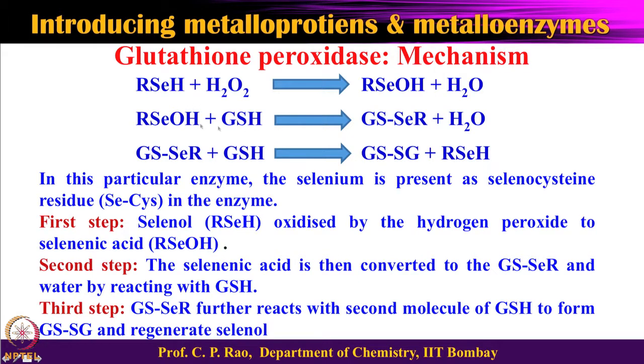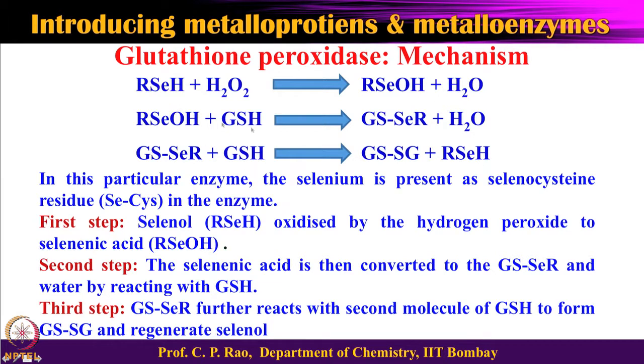Therefore you lose water from here, H plus and OH minus, both together go as water, and then you get GS-Se-R. So it is like a kind of disulfide, but one of them is sulfur-based and the other is selenium, seleno versus thio. This kind of selenium-sulfur disulfide bond is further reduced by glutathione GSH to form GSSG and SeH, getting back the enzyme, which is relieved here.